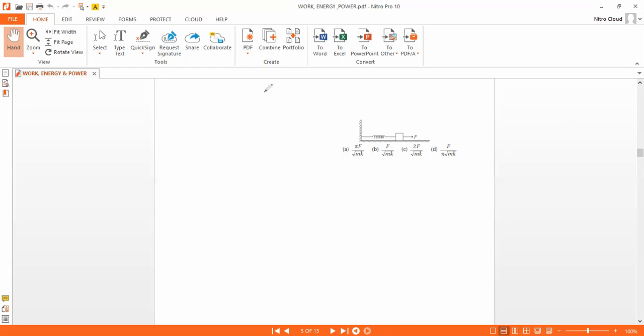Since I know that F is equal to Kx, that is nothing but x is equal to F by K. Since we know that the potential energy stored in a spring is equal to half kx square, that is equal to kinetic energy of the block, that is half mv square.